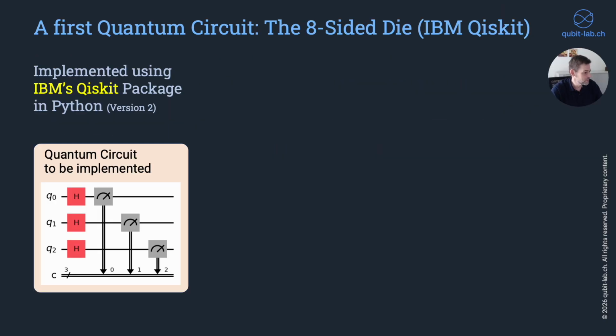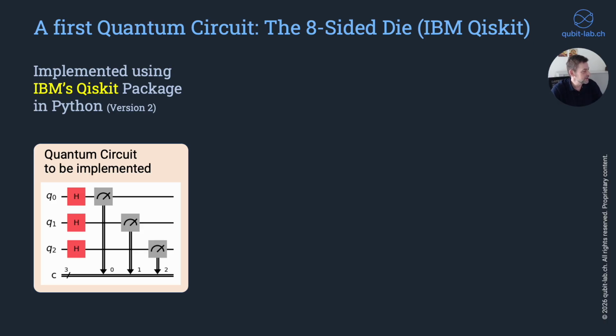In order to do that, we first need to define the quantum circuit to be implemented. I just described it. Here you see the diagram. You see the 3 qubits, Q0 to Q2, and you see the 3 classical bits you have as the container for the measurements.